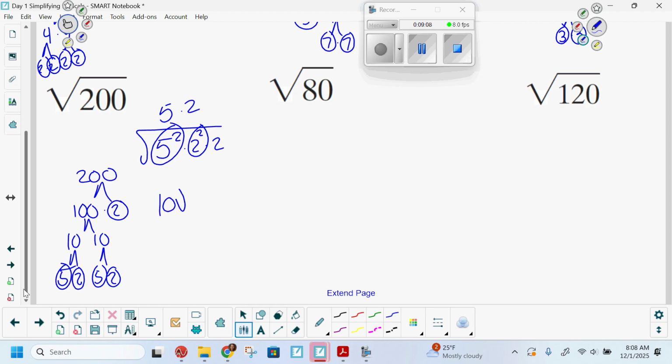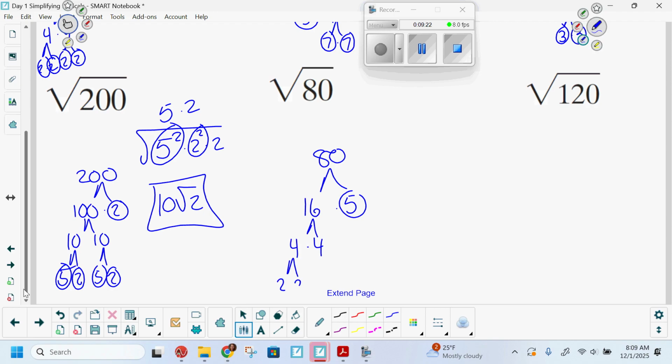So 10 radical 2. 80. Let's see, that's 16 times 5, which is 4 times 4, which is 2 times 2, and then 2 times 2 again. So that's the square root of 5 times 2 squared times 2 squared. So 2 times 2 is 4, and then radical 5.